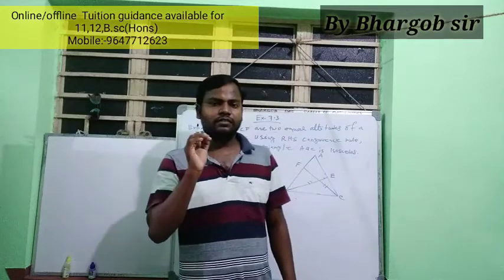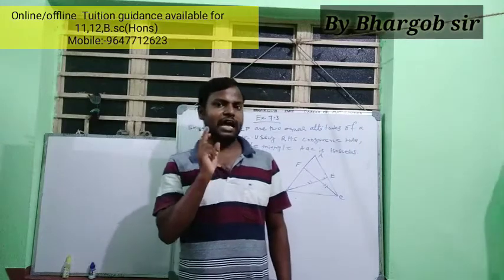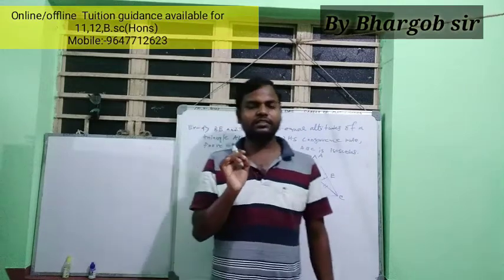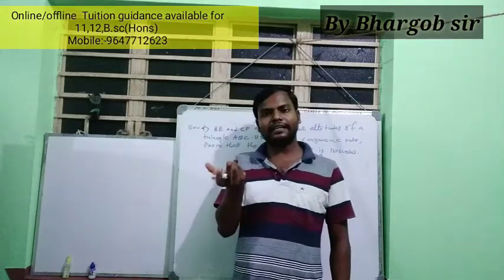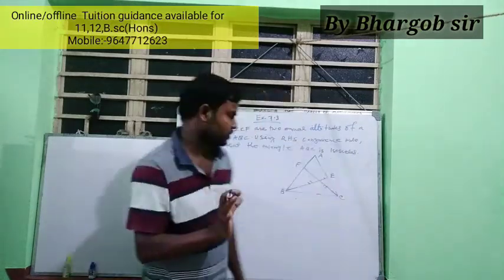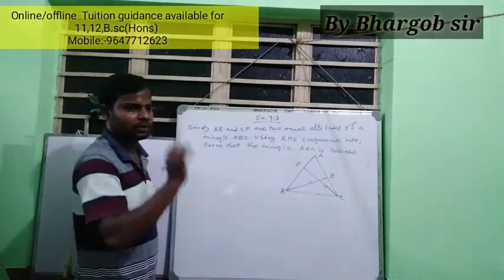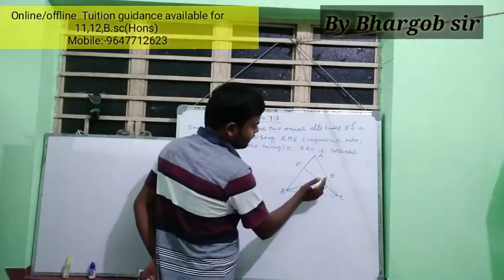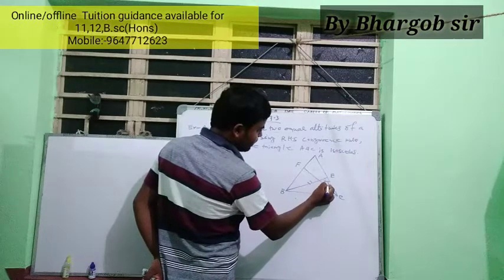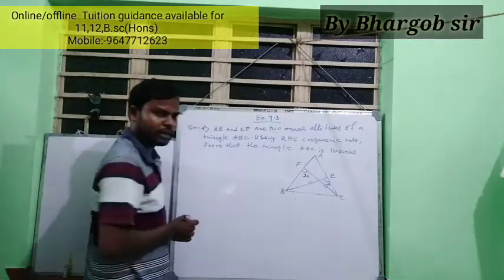So in the RHS rule, we have to take just two sides, the hypotenuse and one side from the remaining sides. Since the two triangles are right angle triangles, there is no need to take the right angle. So BE and CF are two hypotenuse. This angle and this angle will be 90 degrees.